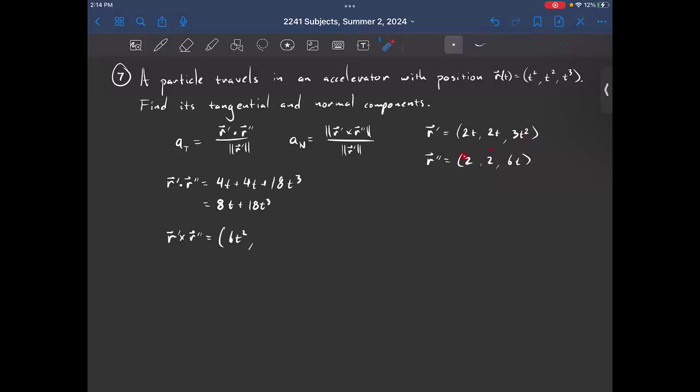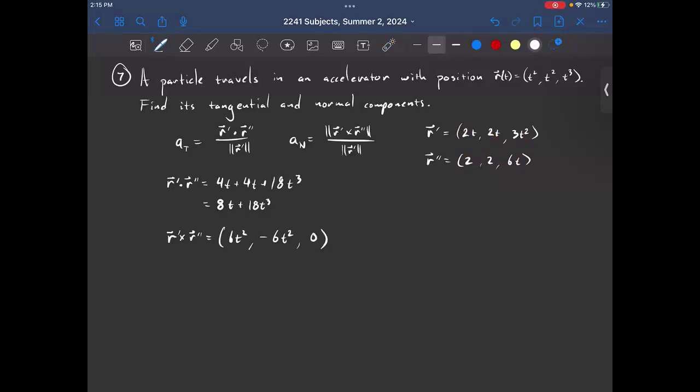And then 3t squared times 2 minus 12t squared, so we have negative 6t squared this time. And for our last component, we have 4t squared minus 4t squared, which is just going to give us 0. All right, so there's our cross product.